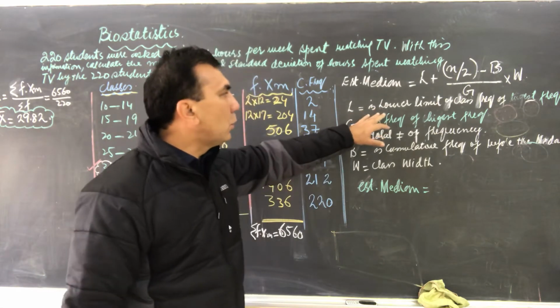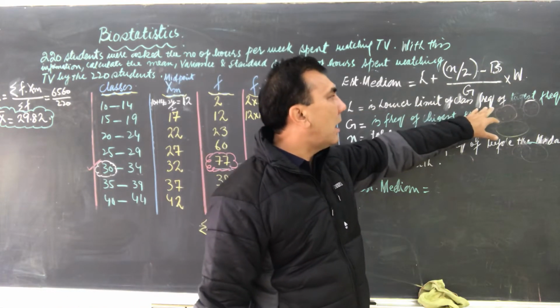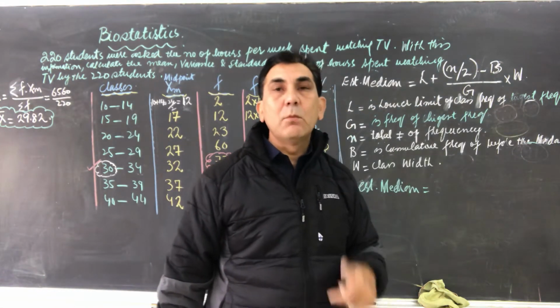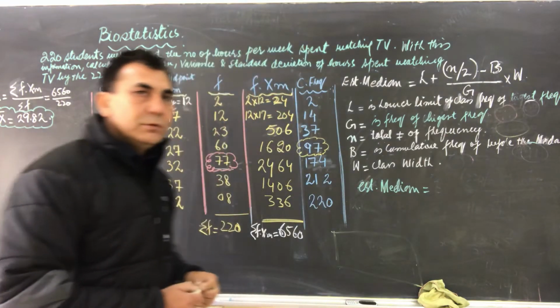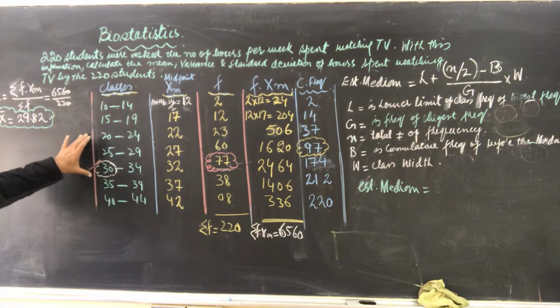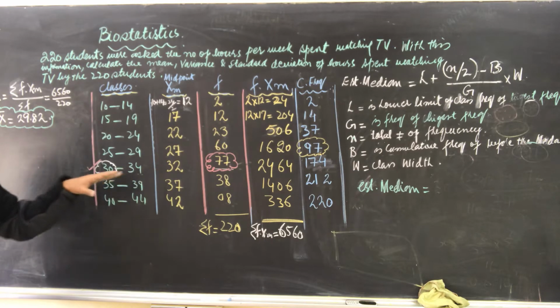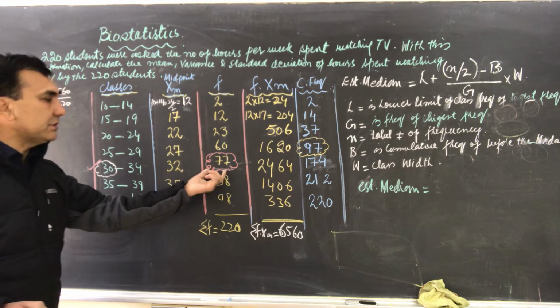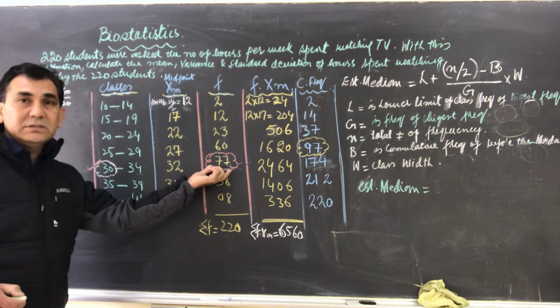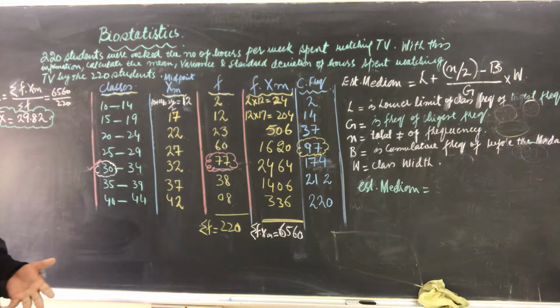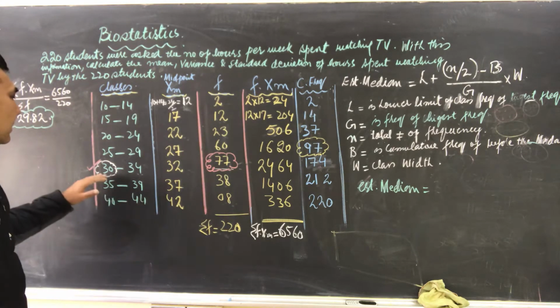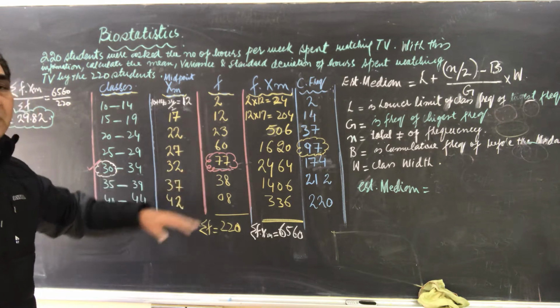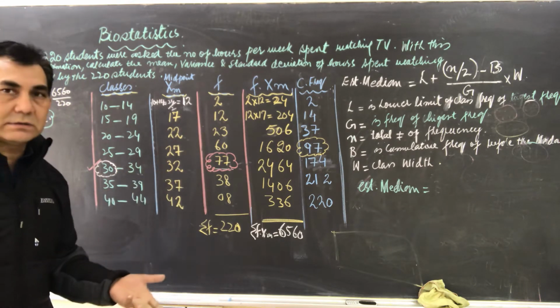L is the lower limit of the class of the modal group. If you see in this data set, the fifth class is highest in frequency, 77. So roughly you can say the fifth class, which is the highest in frequency, is the modal class.